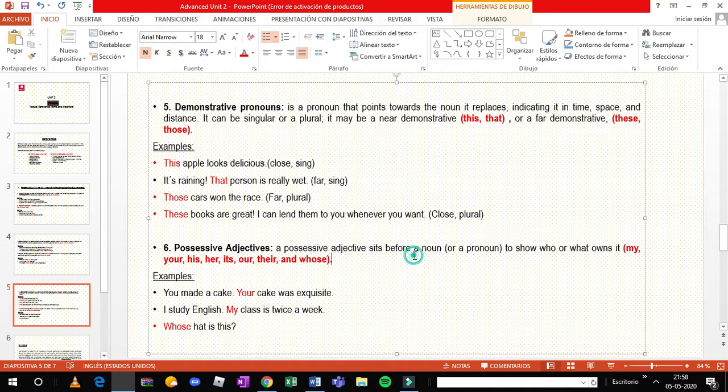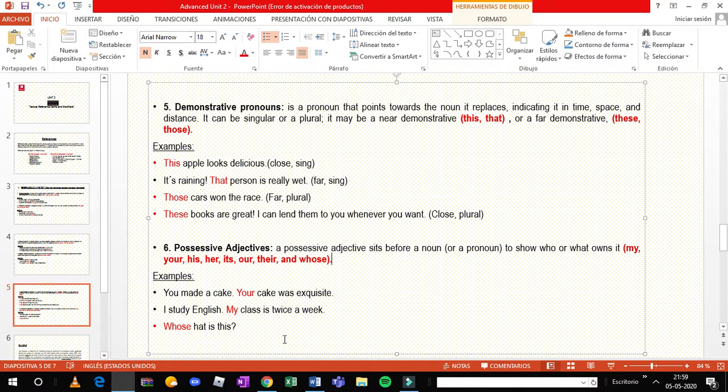And finally, we have possessive adjectives. A possessive adjective sits before a noun or a pronoun to show who or what owns it. Es decir, un adjetivo posesivo se posiciona antes de un sustantivo o un pronombre para indicar quién lo posee. My, your, his, her, its, our, their, and whose.